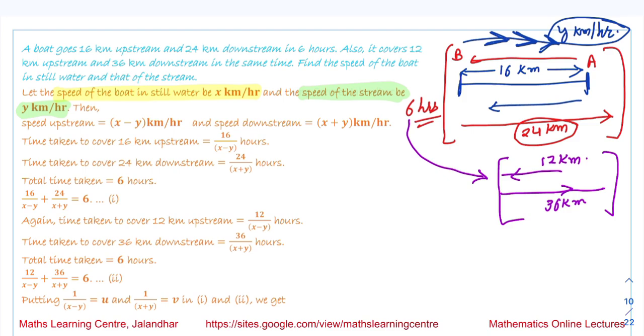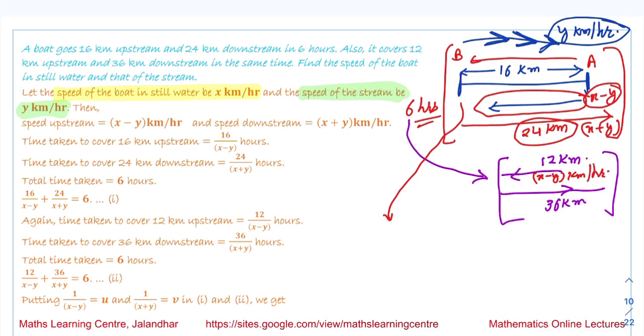So in this first case, when it is moving upstream, the speed of the boat will be x minus y kilometers per hour. When it is moving downstream, it is x plus y kilometers per hour. Similarly, over here it is x minus y kilometers per hour, and when it is moving downstream, it is x plus y kilometers per hour.